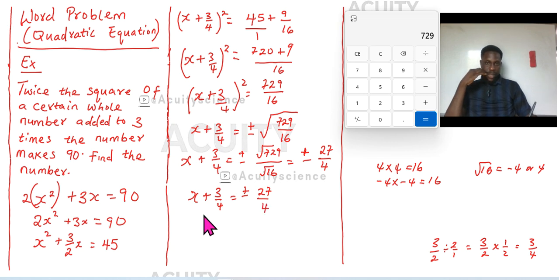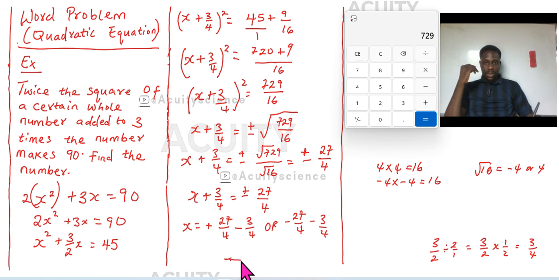This means x is equal to, when we take this across, it becomes a negative sign, so minus 3 over 4. So it's either x is positive 27 over 4 minus 3 over 4, or negative 27 over 4 minus 3 over 4.